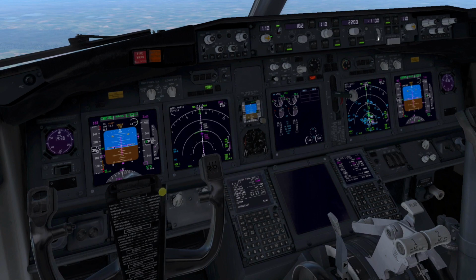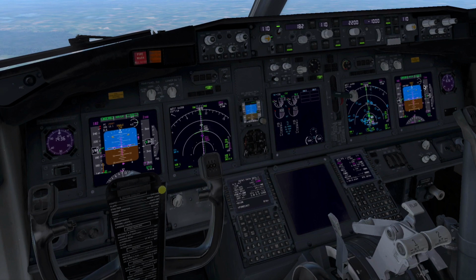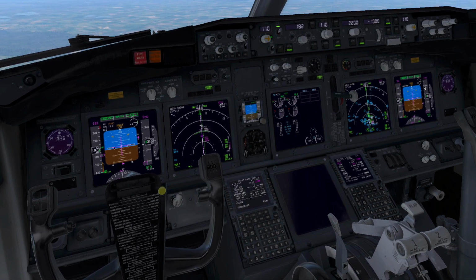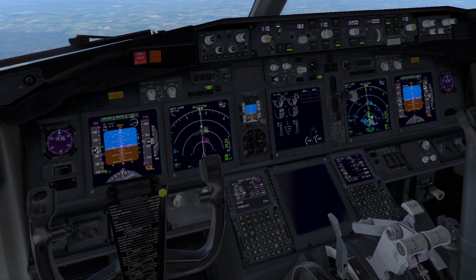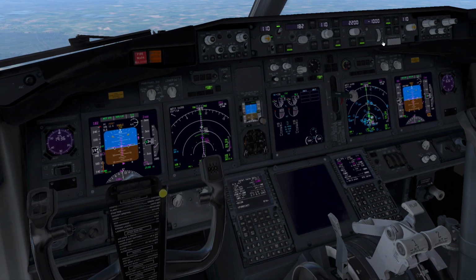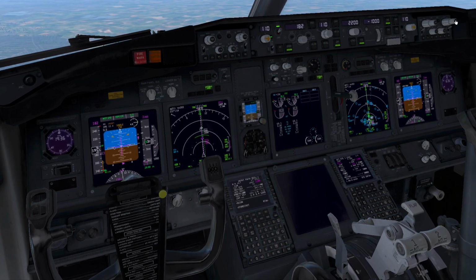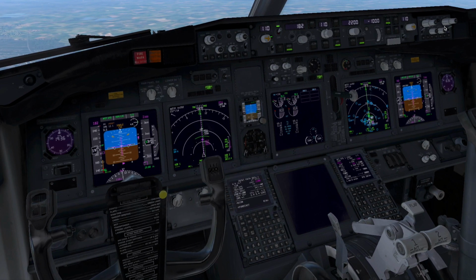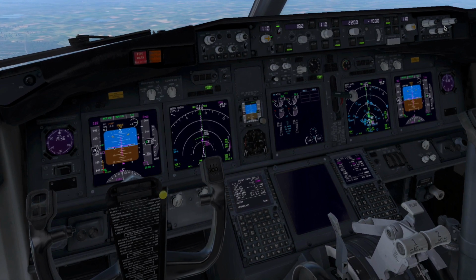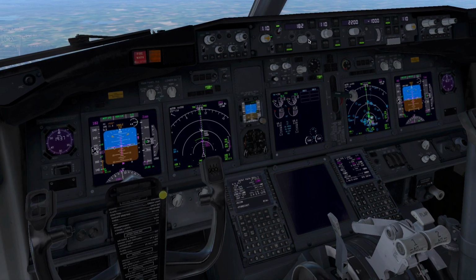Now we don't want the aircraft to level off, so let's go to vertical speed so we keep descending while losing airspeed. Okay, let's go for flaps 5 speed.